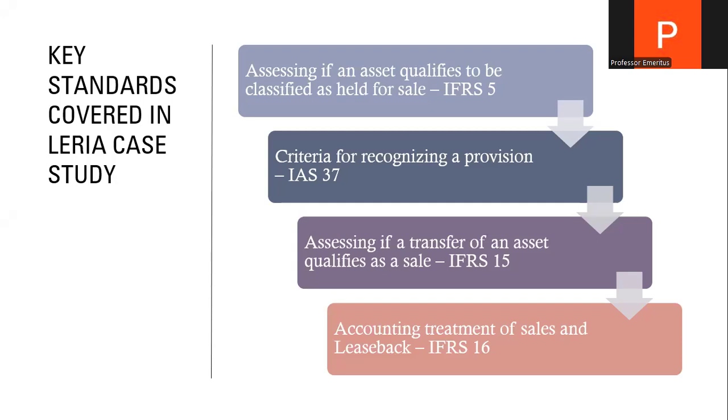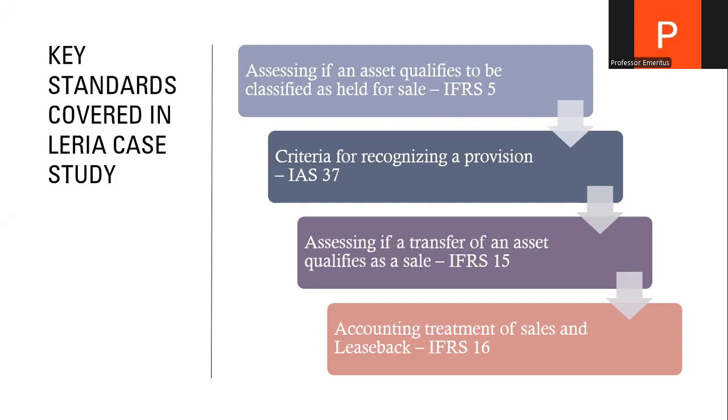Then they plan to spend 2 million that has been netted off the carrying value of the asset. We want to check if it is a provision, and we want to look at IAS 37, provisions, contingent liabilities, and contingent assets. Then we are to also assess if the transfer between the Leria company and the company that is going to be the new owner of the asset qualifies as a sale.